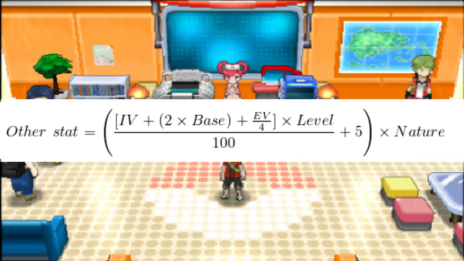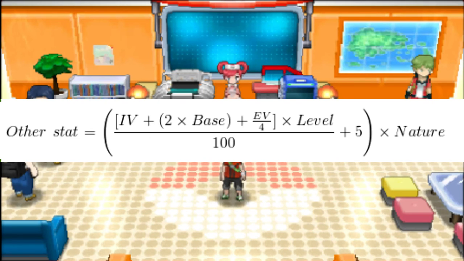So, as you can see, the number of EVs that a Pokemon has is divided by 4 and then put into the equation. For EVs, the maximum that you can gain, you can't just pile the EVs onto a Pokemon and get unlimited stats. The number of EVs you can get caps at 255.